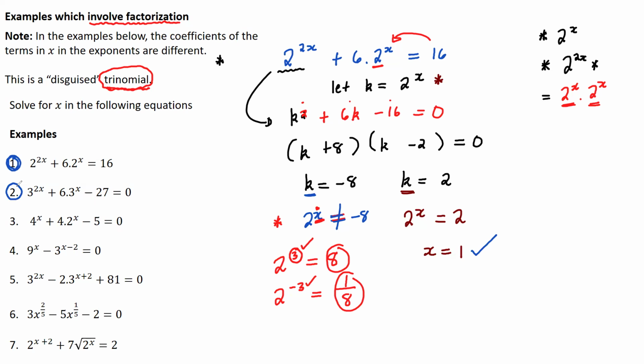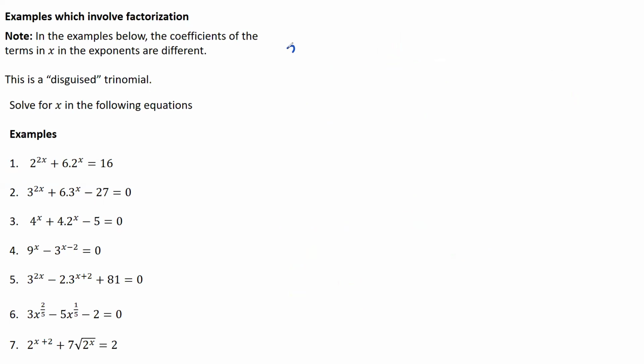All right. Let's try number 2. Let me do number 2 together with you. I'm going to take this out. Number 2 says 3 to the power 2x plus 6, 3 to the power x minus 27 is equal to 0.